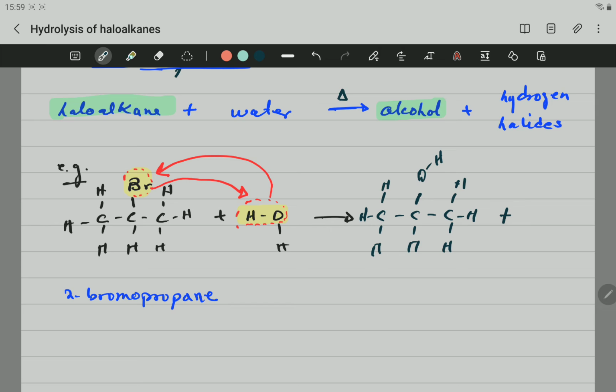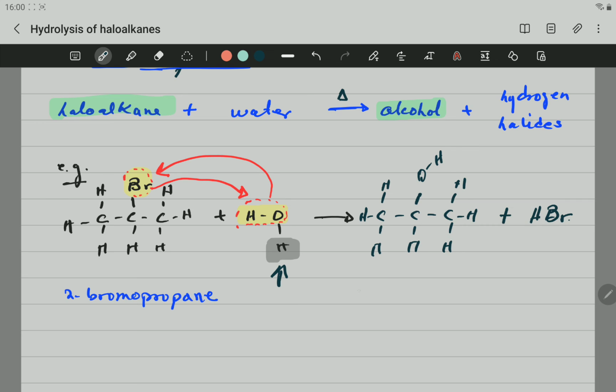We have the other hydrogen from the water, and the Br that took the place of the OH, so we have HBr. So this is the reaction.